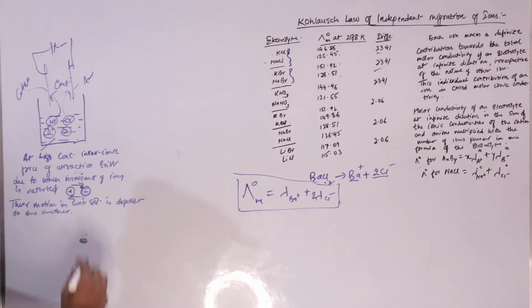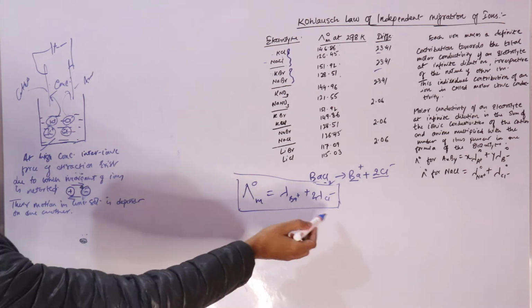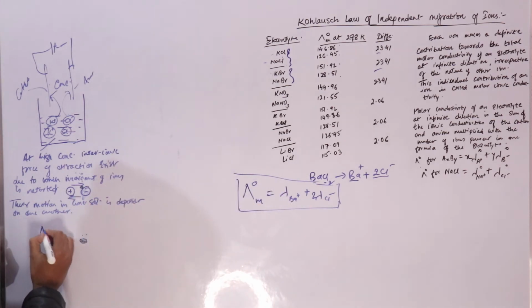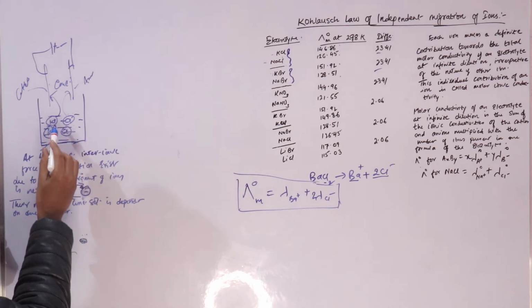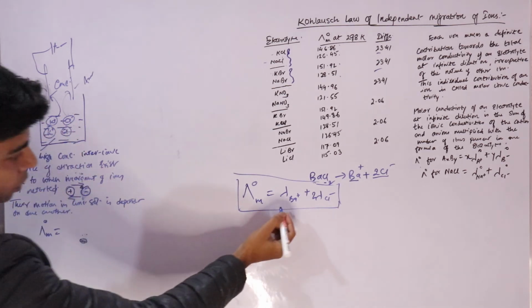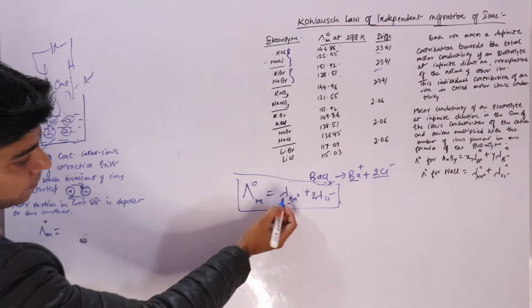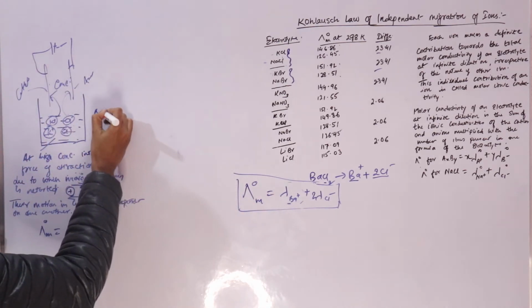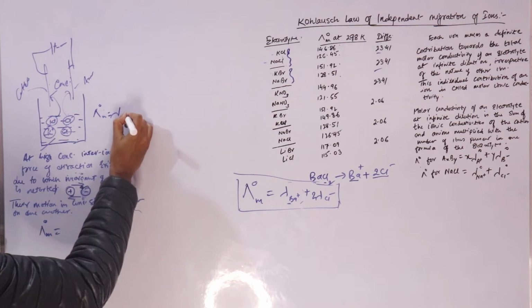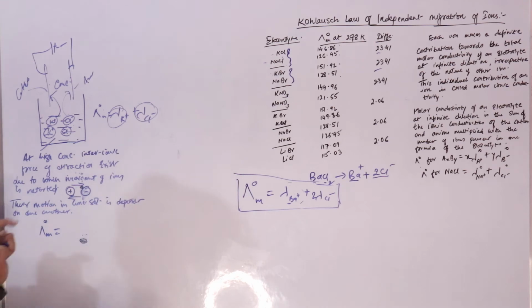Now, if I try to find out the molar conductance, if I apply this formula here, say the conductivity of potassium chloride in this solution is equal to the sum of the ionic conductivity of the potassium ions plus chloride ions, right?